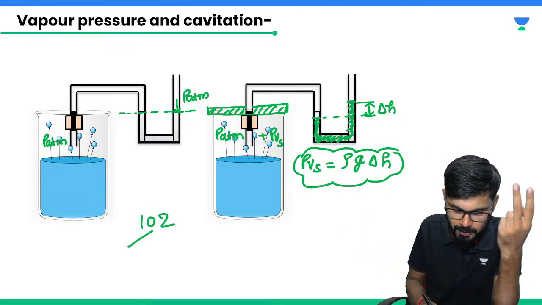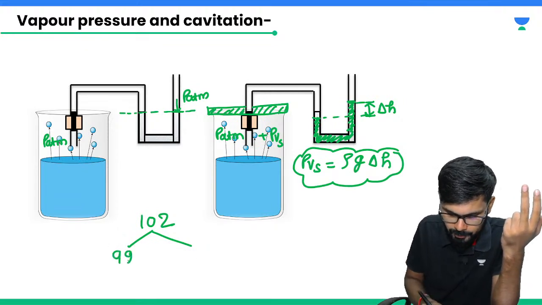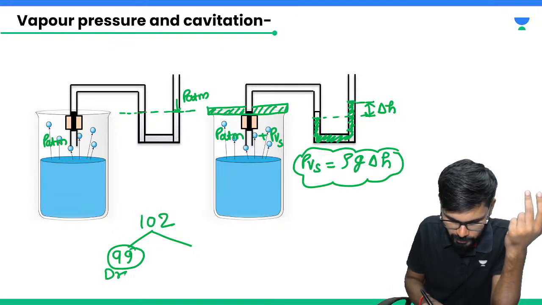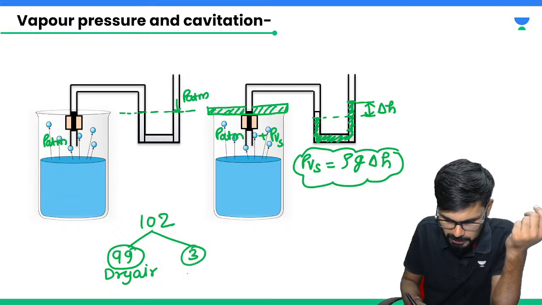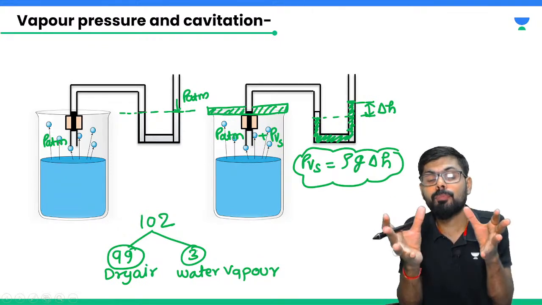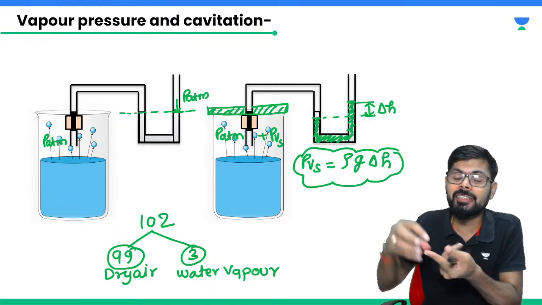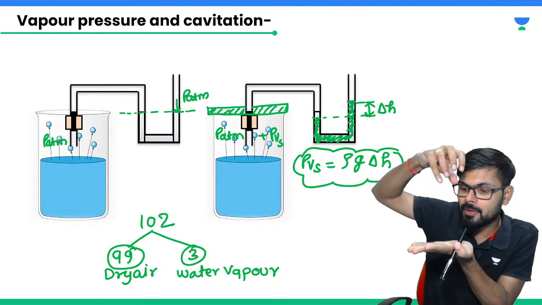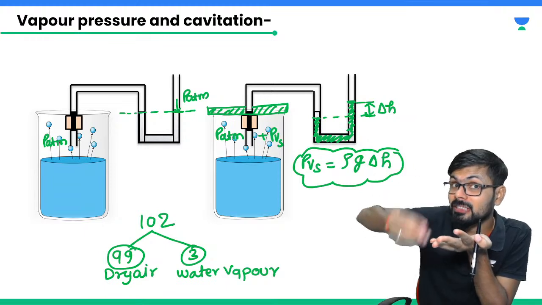One is 99 kilopascal of dry air, and 3 kilopascal is water vapor, and it is saturated. So what is the partial pressure of water vapor? That is 3 kilopascal only. Don't think it is the total pressure exerted by the air and water. No, it is the partial pressure of the vapor.